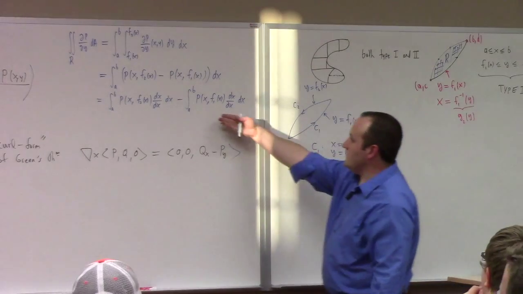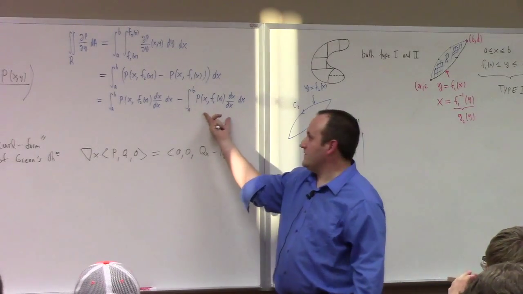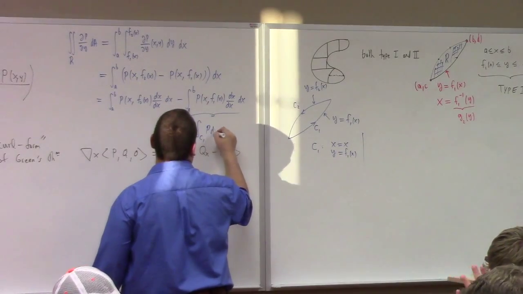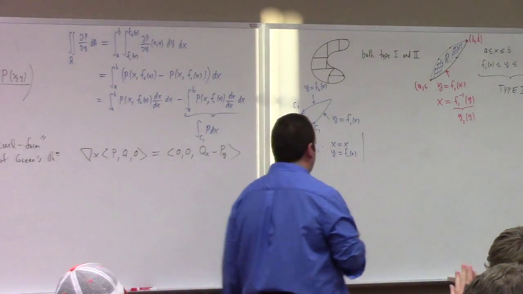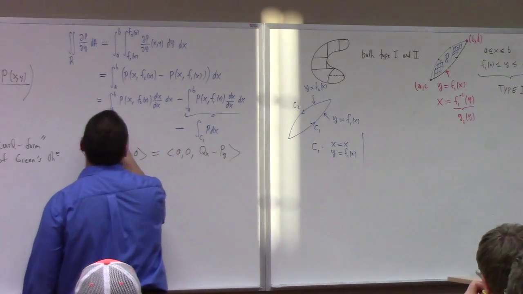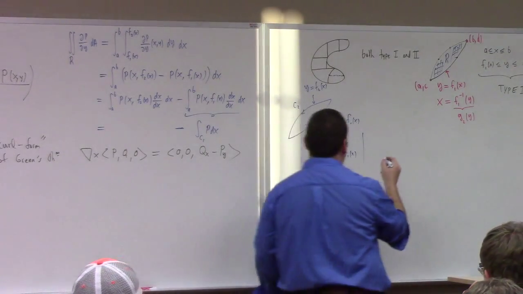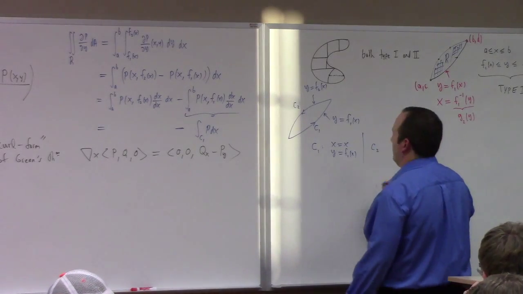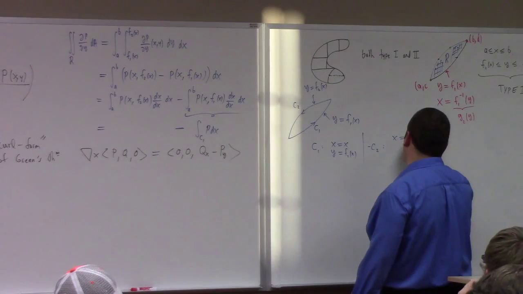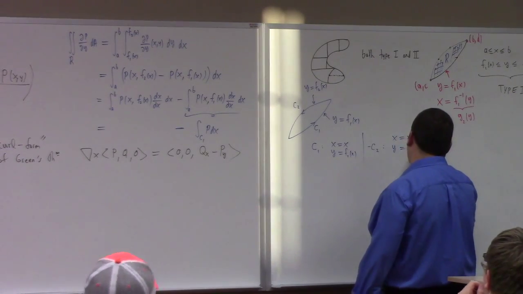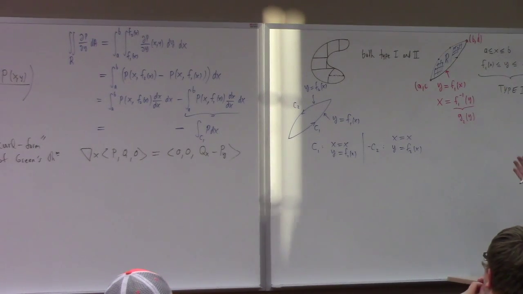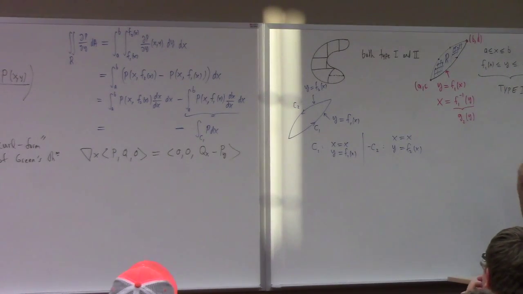So if you look at this, this is straight up just the integral over C1 of P dx. So we have minus the integral over C1 of P dx. The other piece, C2, well, minus C2 is better because then we can say x is equal to x and y is equal to f2 of x. The reason I use minus C2 is so that I can use x as a parameter.